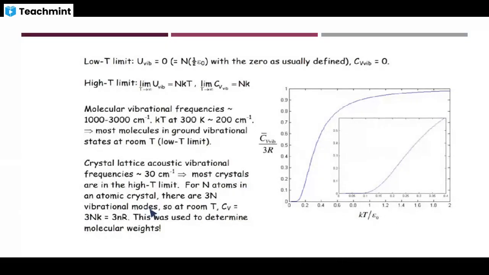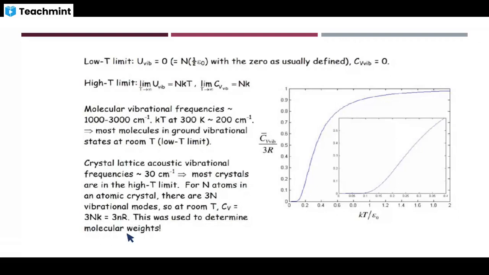So at temperature T, Cv equals 3nk, which is 3nR. This was used to determine the molecular weights. So at the lower temperature limit it becomes 0, and at the higher temperature limit it attains a constant value, that is 3nR.